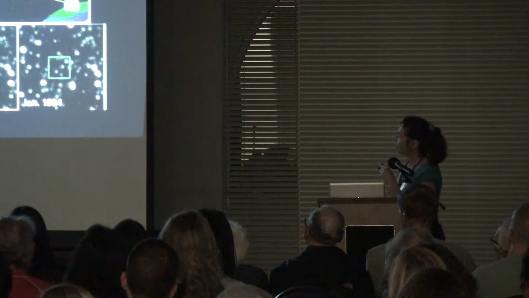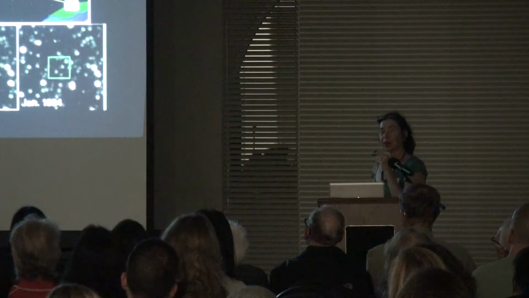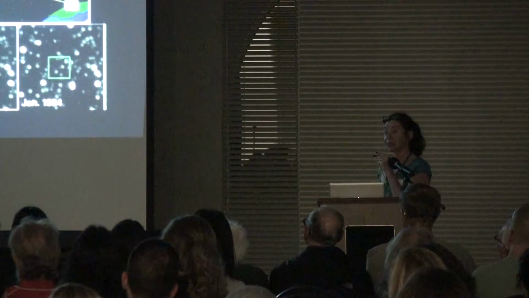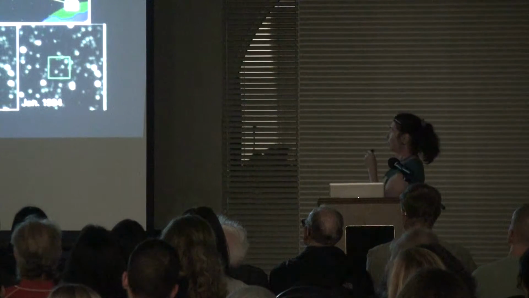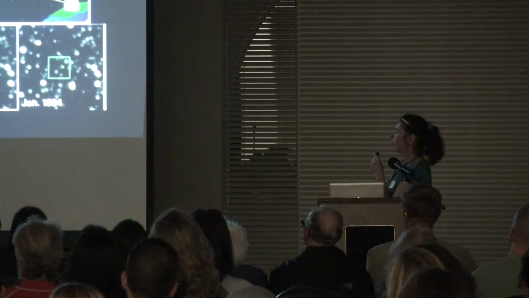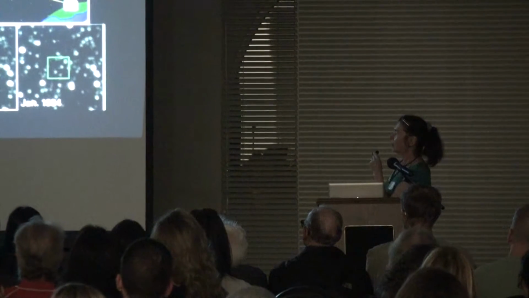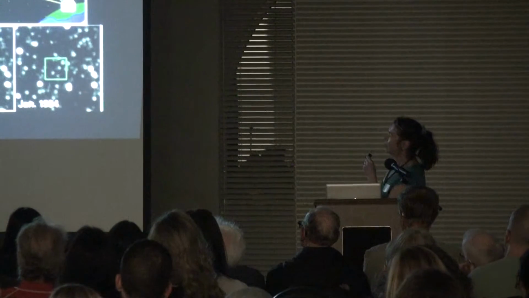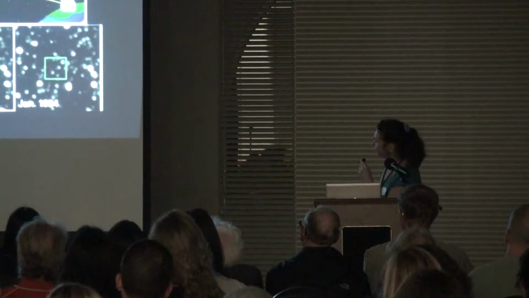So how is this used to detect brown dwarfs or planetary mass objects? Well, in these large surveys they were looking through the halo of our galaxy at the Large Magellanic Cloud, for instance.